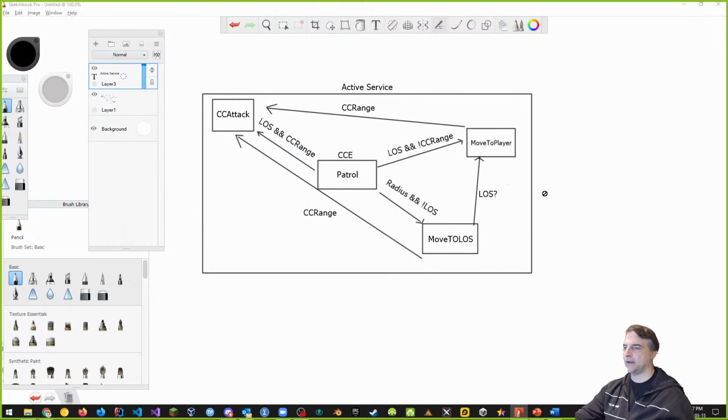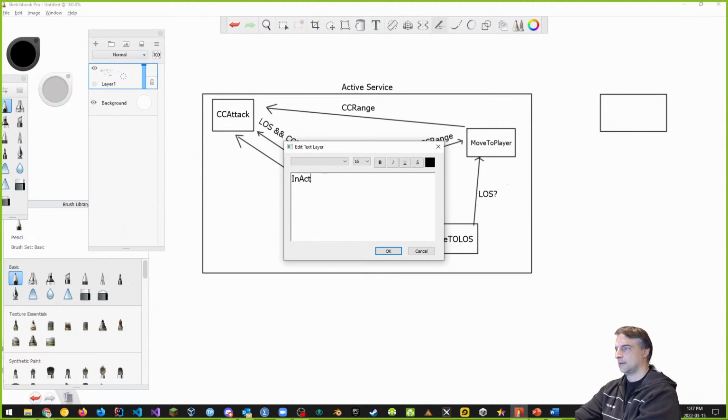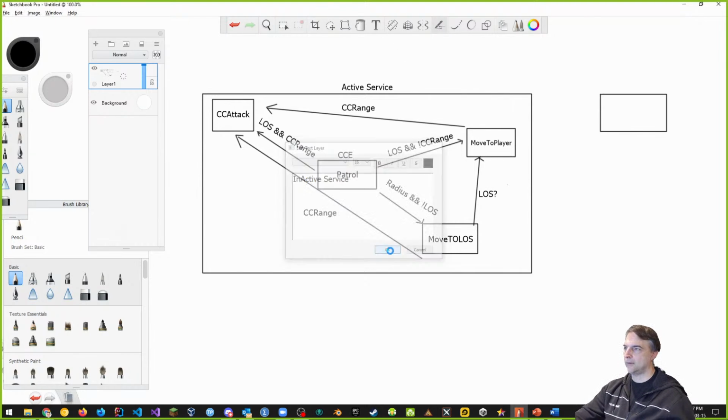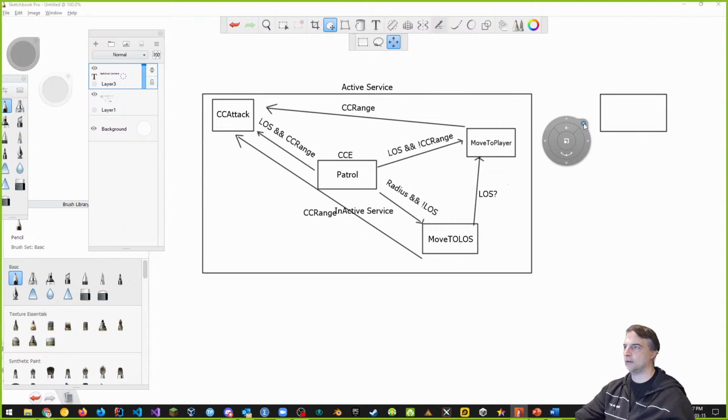And there's something that's going to kick them out of active service, which is what we want. That's another state over here, so this is inactive service, at the same level. Typically we want to draw it at the same level, inactive service, and there's a transition.